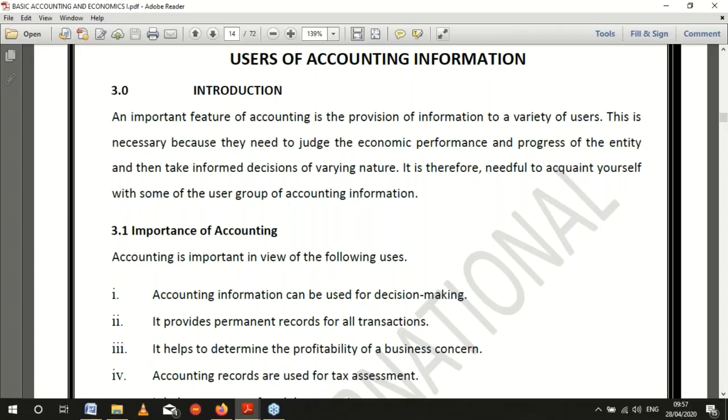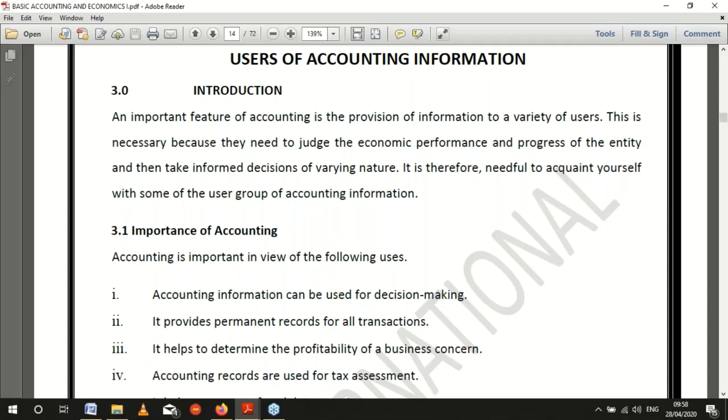In the entity concept, the owner of the business is a different entity from the business entity. So the business is an entity on its own, and the owner of the business is an entity on its own.